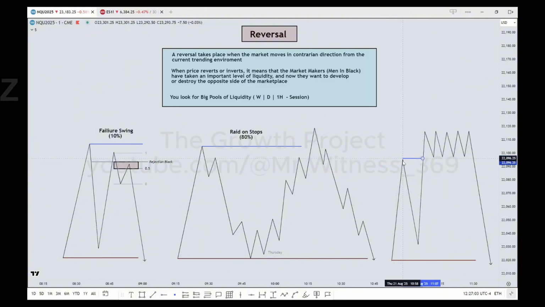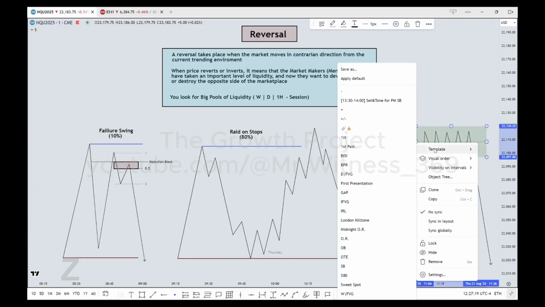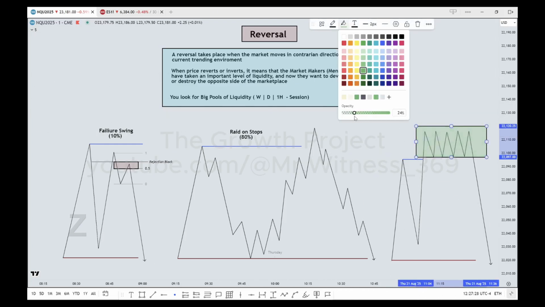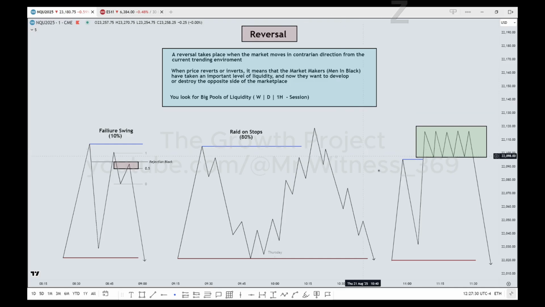Okay, so what you have here is this. When the market comes all the way back up to this swing high, to this buy side liquidity, what are they going to be thinking?